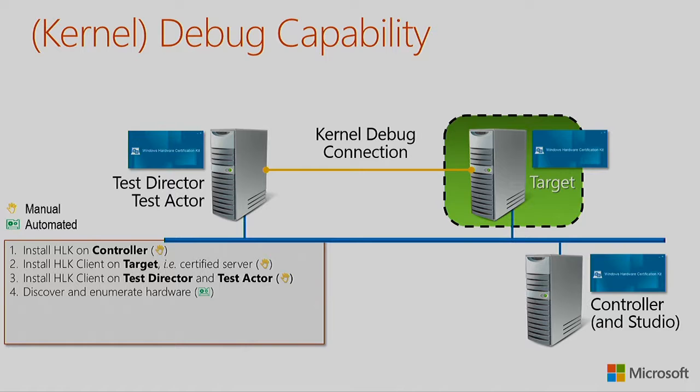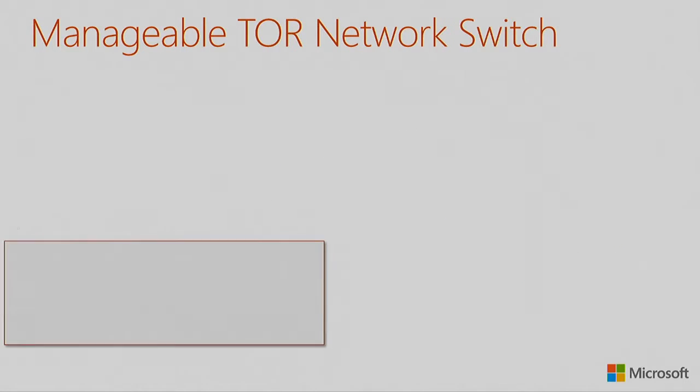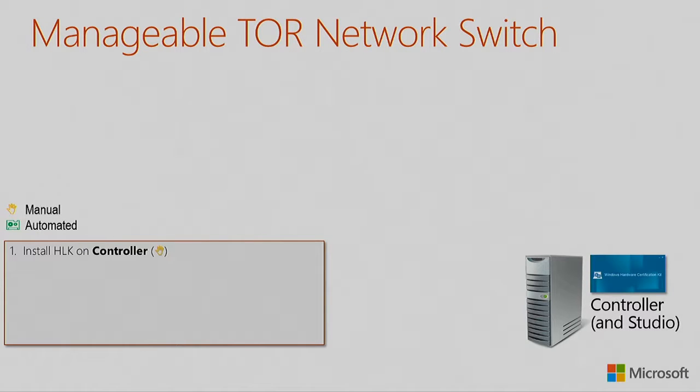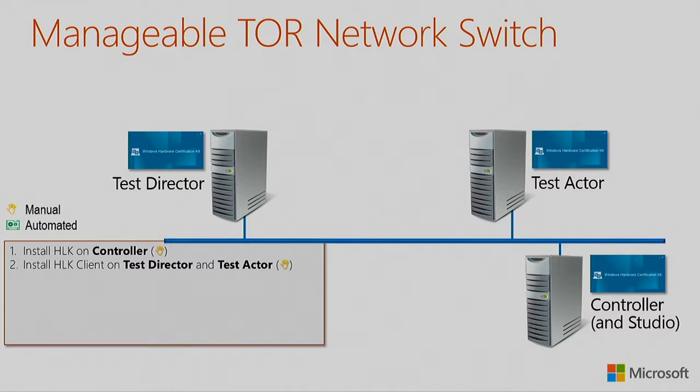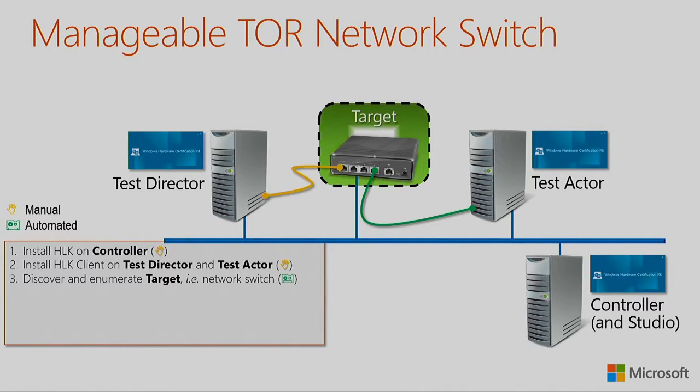Now, if you were to use the certification kit to certify a network switch, in this case the target would be something else completely, not a Windows server, but a device that interacts with a server system. So the target in this case would be the network switch, where the test will execute against the management port of that switch and exercise and validate the manageability implementation of that network switch.